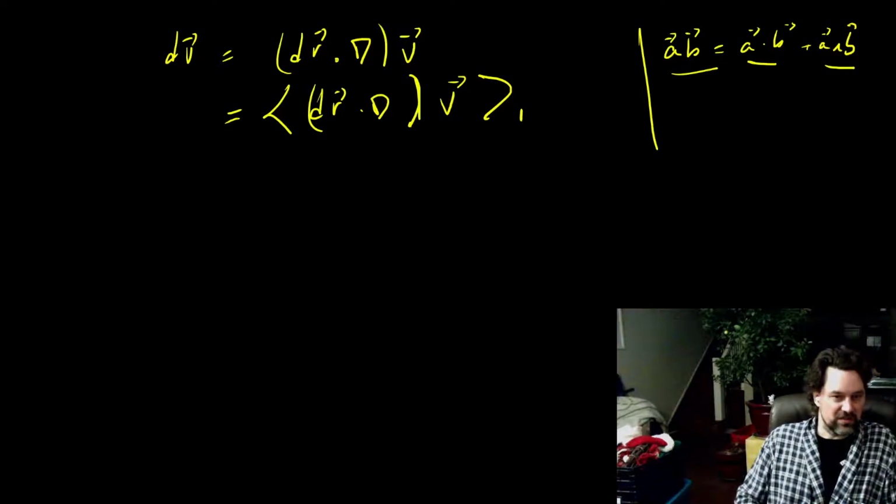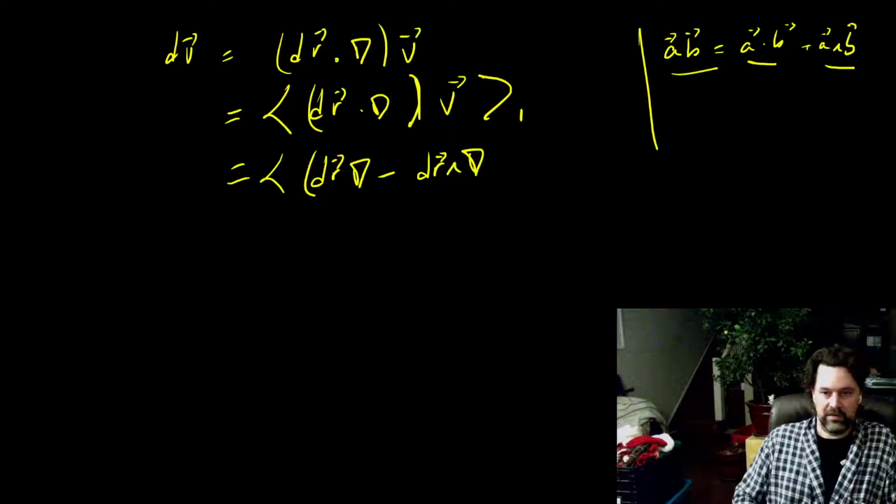So let's do that. So we have here dr grad minus dr wedge grad, all operating on v, all within a grade 1 selection.